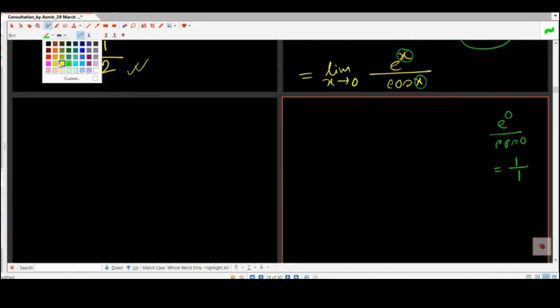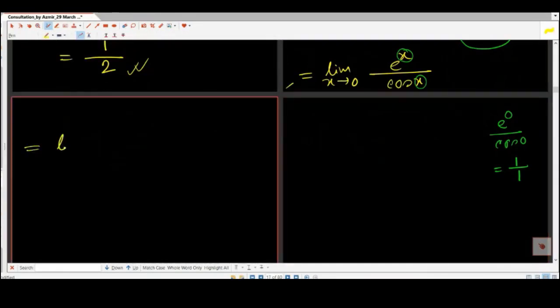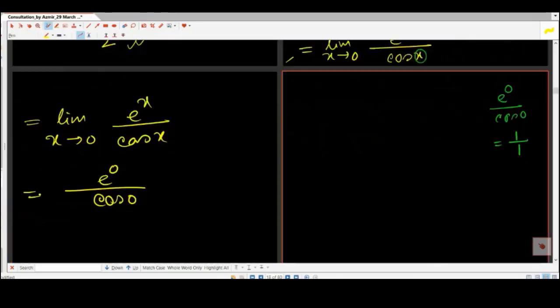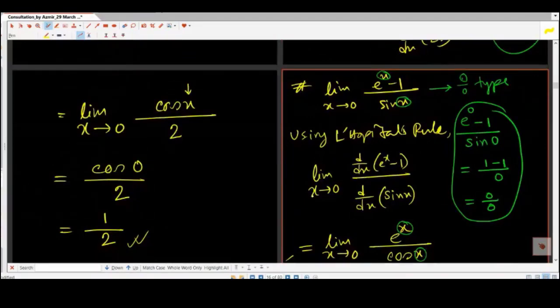So we can say that limit x tends to 0, e to the x over cosine x, e to the 0 over cosine 0, that is 1 over 1. So the result is 1. So that means the limiting value of this function when x approaches 0 is 1.